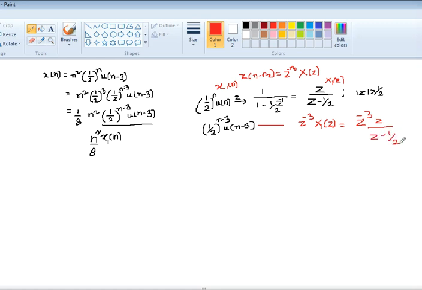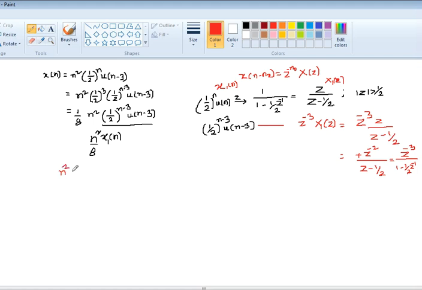When we simplify this, it becomes z raised to minus 2 into z divided by 1 by 2. We can take z outside, and this can be written as z raised to minus 3 by 1 minus 1 by 2 z. Or from this we can write z cube divided by 1 minus 1 by 2 z raised to minus 1.